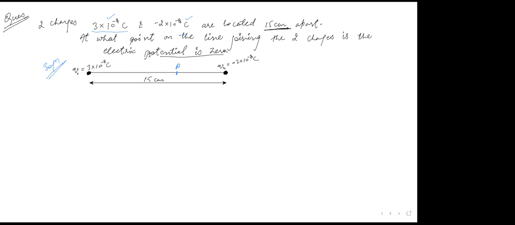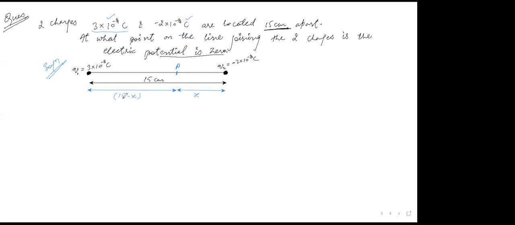Then first of all, we should calculate the separations from Q1 and Q2 to the point P. We are taking this separation of 15 minus x, and this separation of x.